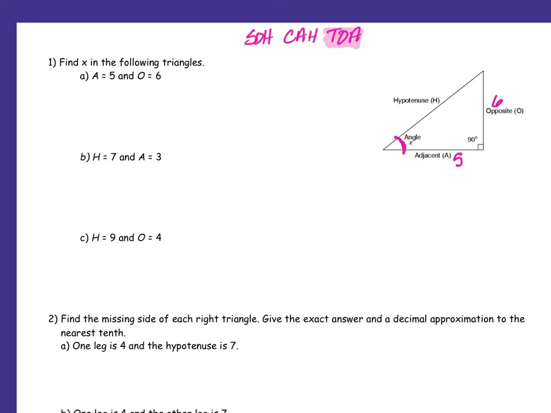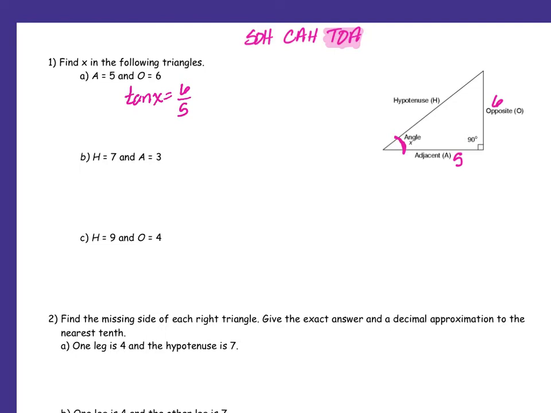O and A are both in that one. So that means I'm going to use tangent. So for one, I'm going to say tangent of x equals opposite, which is 6, over adjacent, which is 5. That doesn't tell me what x equals. That tells me what tangent of x equals. I still need to solve for x.